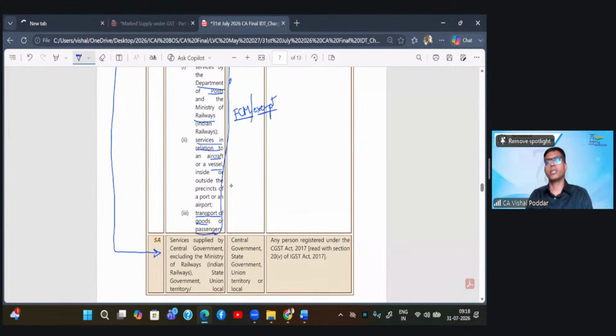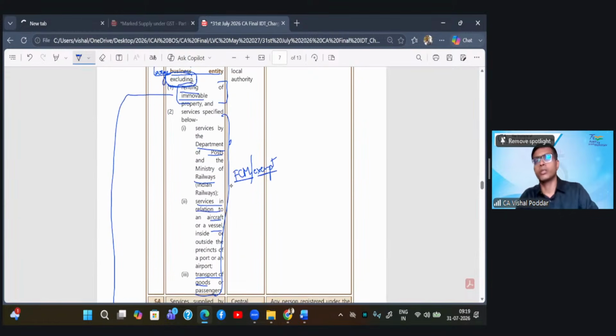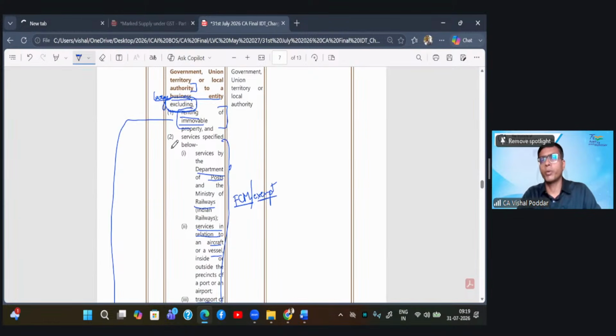Goods transport, passenger transport is covered separately. It has its own separate set of rules. Like we just saw above, transport of goods has its own set of rules for RCM. So they want to exclude it from here because for that, you have to study it separately in the separate entry. And for passenger transport, anyways, it is under forward charge. So these three services given by government are excluded. That is what is point two.